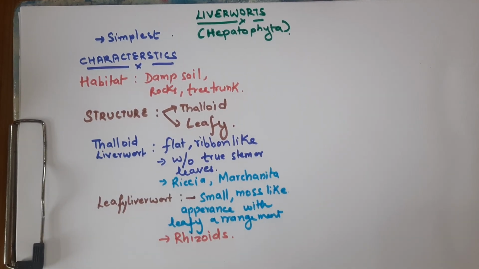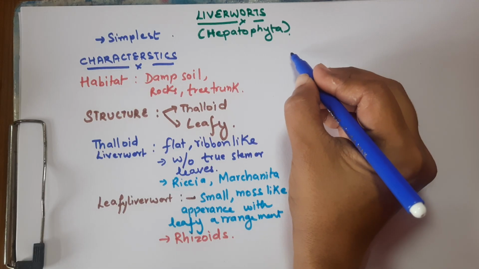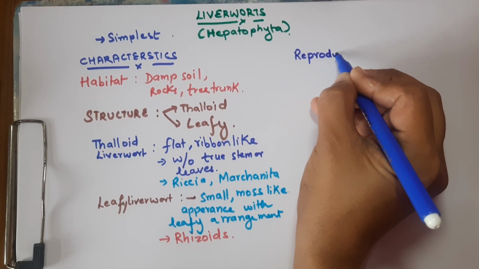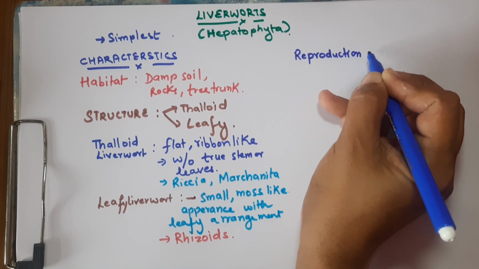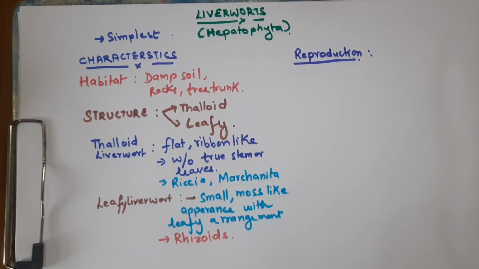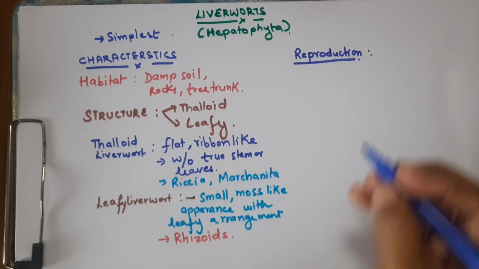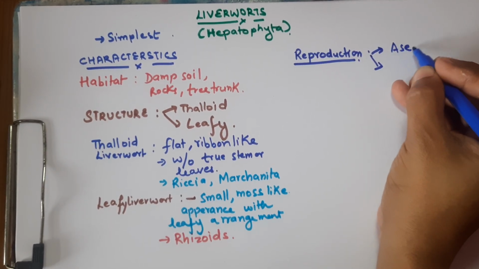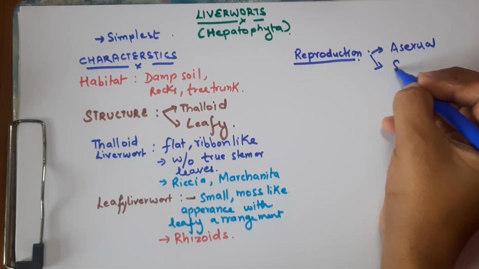Now if we talk about their reproduction, liverworts exhibit both kinds of reproduction, the asexual one as well as the sexual one.